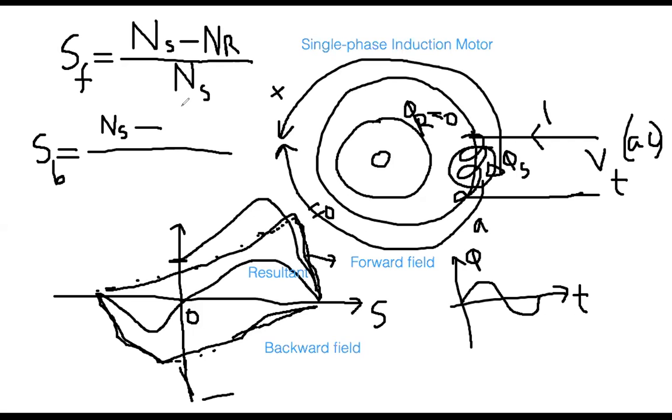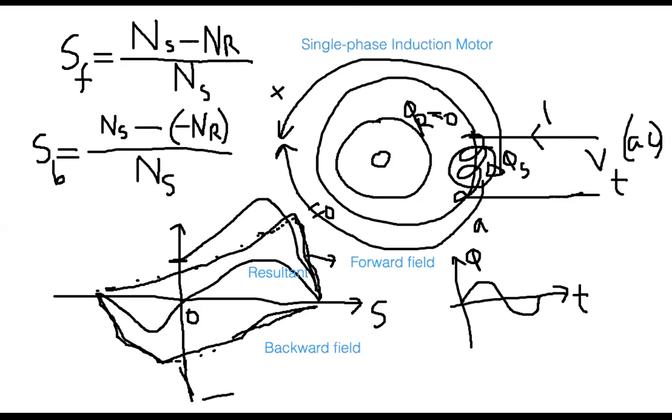So I will put a minus sign here. Therefore, NS minus, so this minus is just to see the difference, but this minus is coming due to the backward field. The backward field will rotate the shaft in the reverse direction. That's why I put the minus sign, and then this is NS.